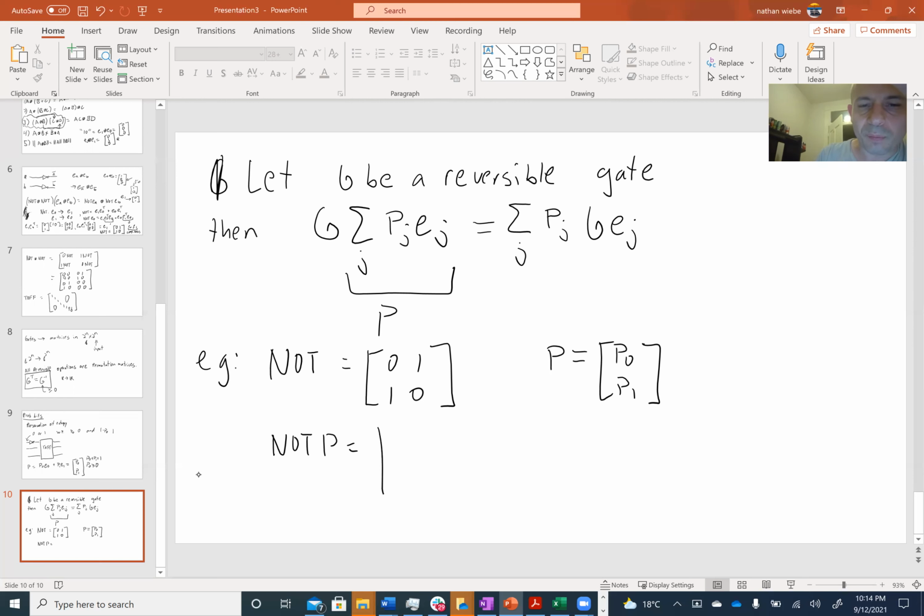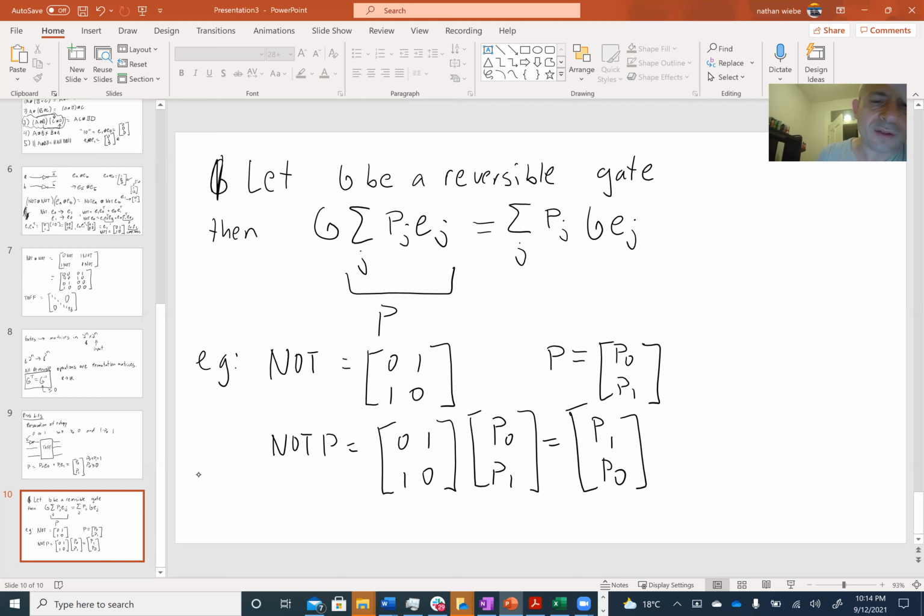And so by linearity, this gives P1, P0 down here. Now that's looking at it in terms of the matrix multiplication.